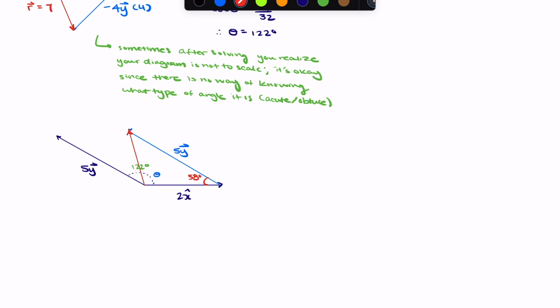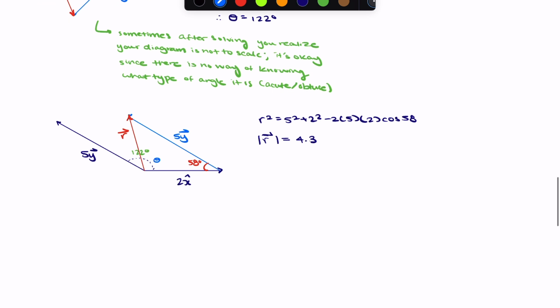And so here again, we'll find our resultant vector using cosine law. So r squared is equal to 5 squared plus 2 squared minus 2 times 5 times 2 cos 58. Here, when we calculate it, we get r, the magnitude, is equal to 4.3.